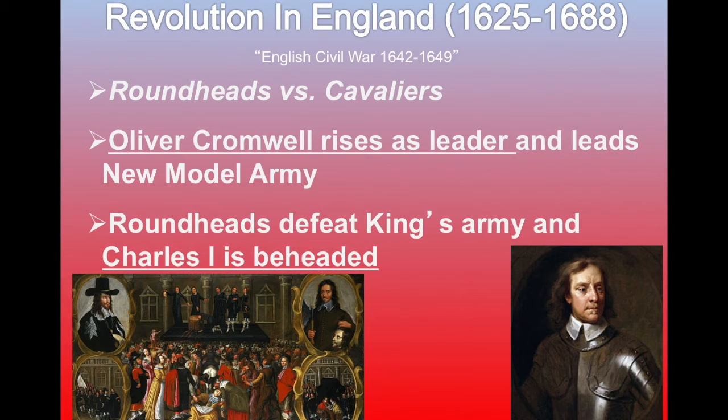This is the first time in modern times that a king has been beheaded by his people. And so this age of revolution will start off with this English Civil War. Oliver Cromwell will be the leader, known as Cromwell the Protector, will be the people's man as a military ruler.